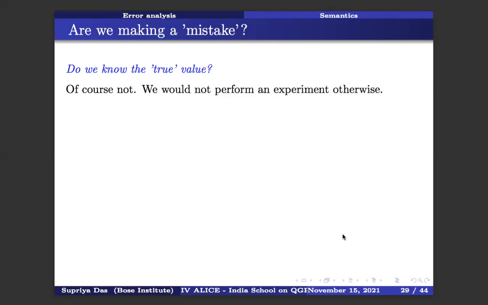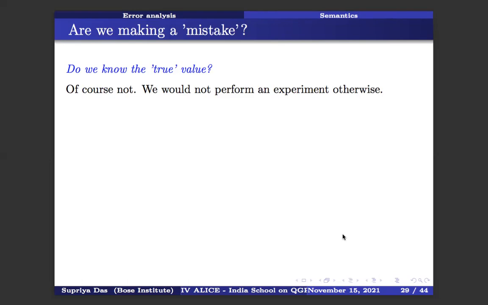You can argue, sir, some calculation has given this, so I'm measuring that. In that case, you know the true value, but finally you are measuring it from your experiment, and it may so happen that the calculation was wrong. That was not the actual true value.